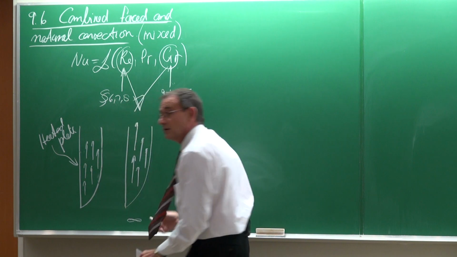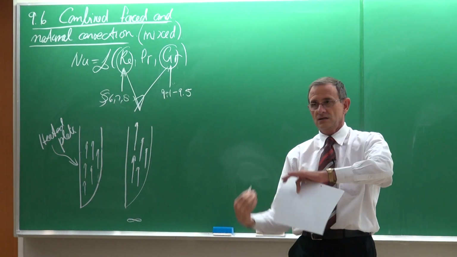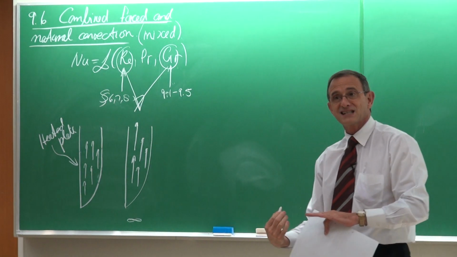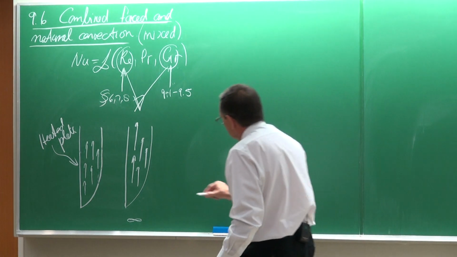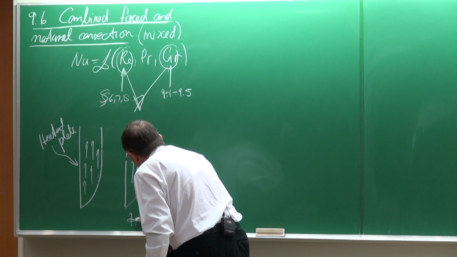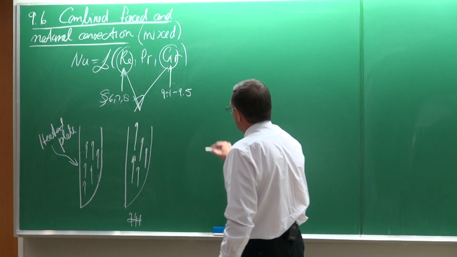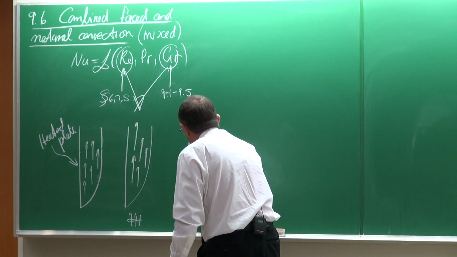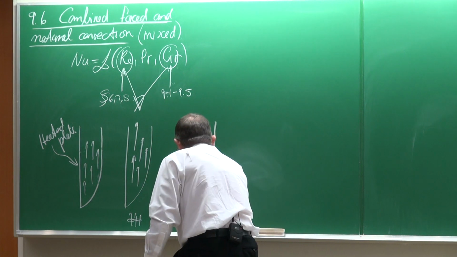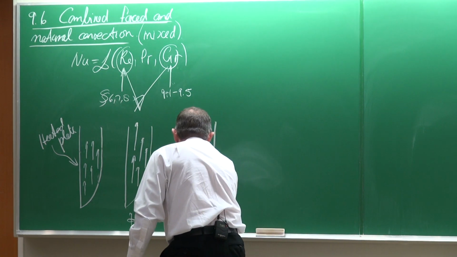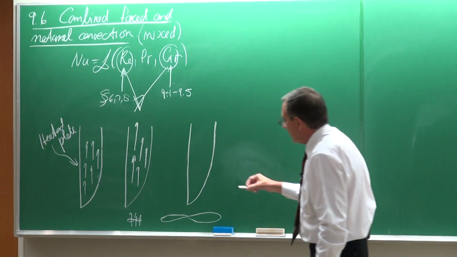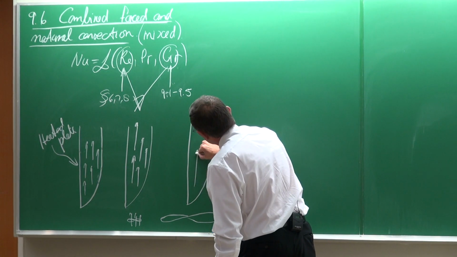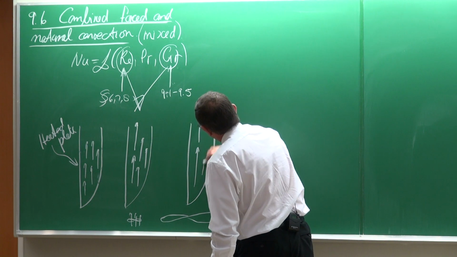The average velocity is going to increase because the fan is assisting this natural convection. So there's my fan. Then the third situation is I've got a big fan. And now, obviously, the velocity is going to be much larger.